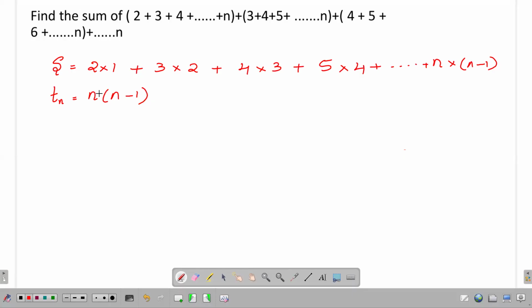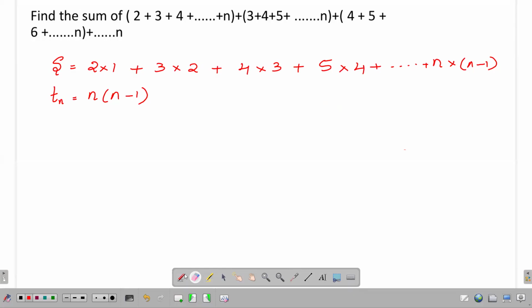Cool? Now you are asked to find the sum of all these individual terms, right? So you can consider sigma Tn is as good as sigma n into n minus 1. You are adding all those terms, which is nothing but sigma n into n minus 1. I can put it in this way.